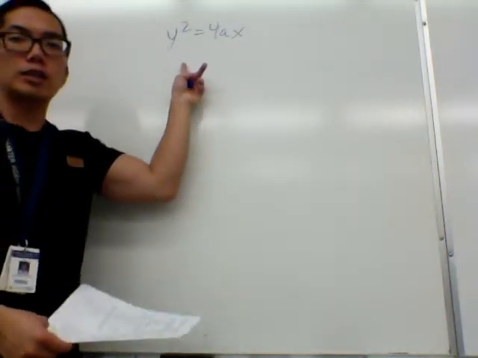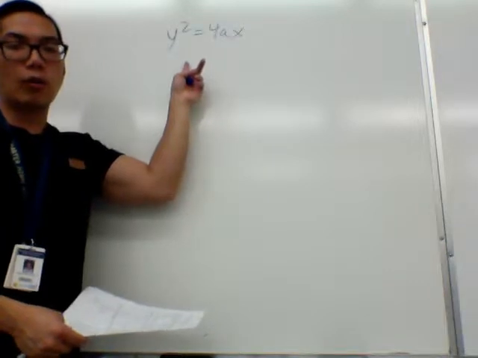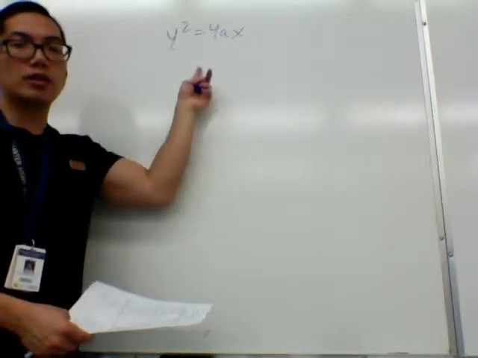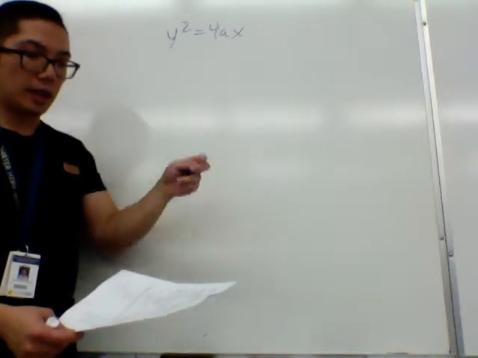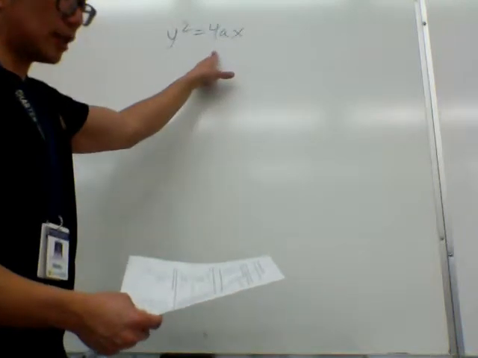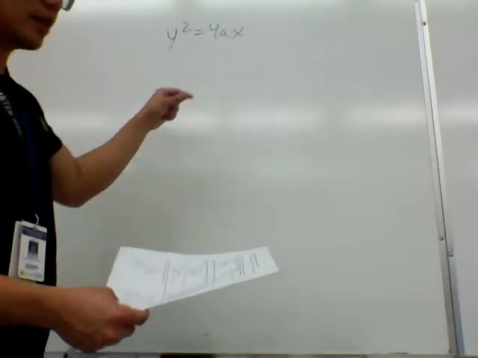This equation we will only use when my vertex is at the origin and my focus is to the right of the vertex. So here's my equation, y squared is equal to 4ax.